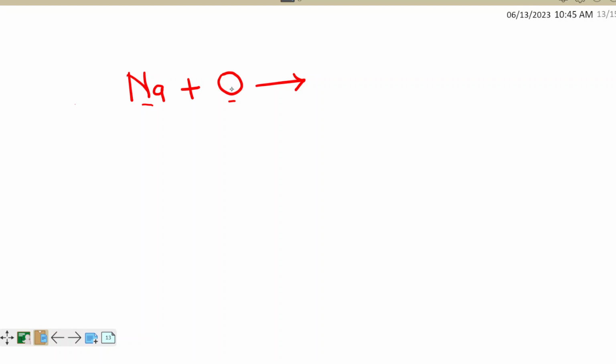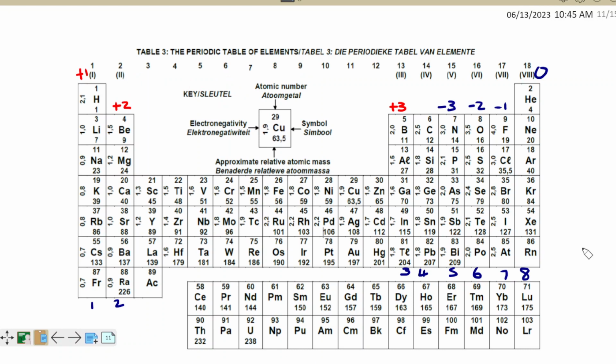So let's look at the periodic table. Okay, so this is sodium. You can see sodium is in group 1 and it wants to donate 1 electron. Now this is oxygen. Oxygen is in group 6, but it wants to receive 2 electrons.